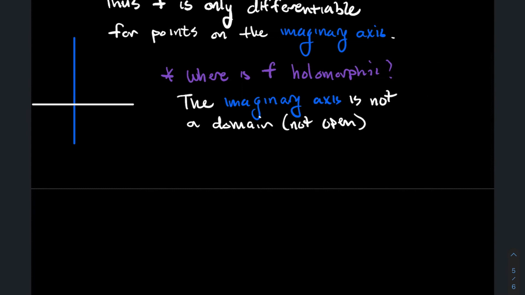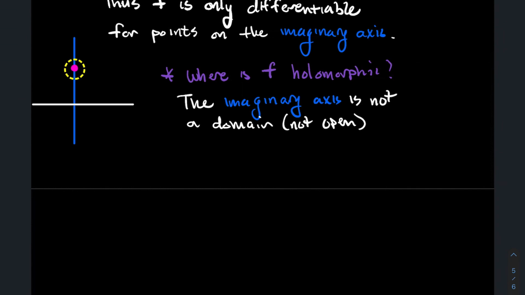All right, so then where is this holomorphic? Well, think about the blue axis. Those are the only points where the function's derivative exists, but that's not a domain. Remember, domain is this loaded topological word that means open and connected. And well, if I took a point on the imaginary axis, like that pink point over there, and I draw any disk, of whatever small radius I like, it's always going to have points that are not on the line.